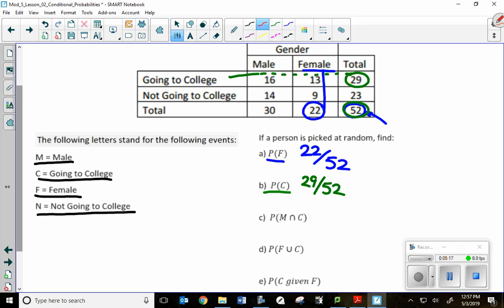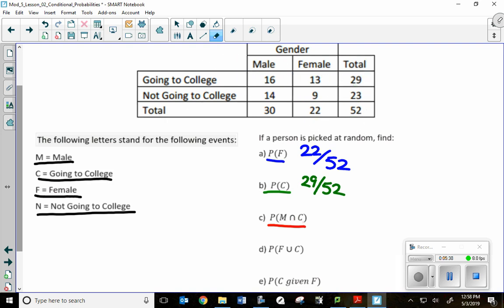Really, A, B, C, and D are reviews of Unit 5, Lesson 1. When we get to the fifth one, E, that's going to be the given. So let's look at C, the probability that they are both male and going to college in our table. If I pick one person, what is the probability that one person is both a male and going to college?